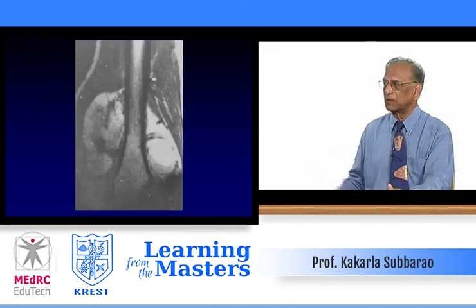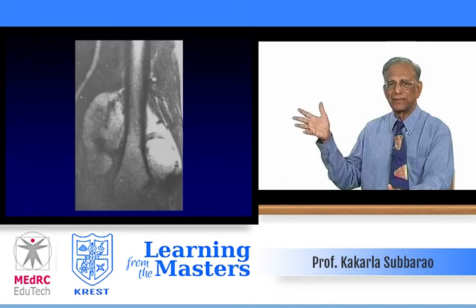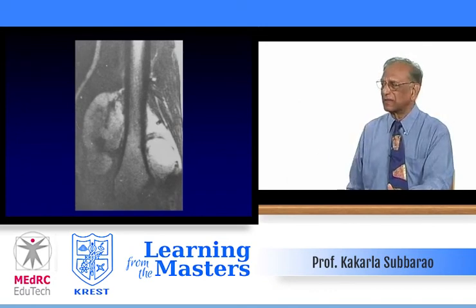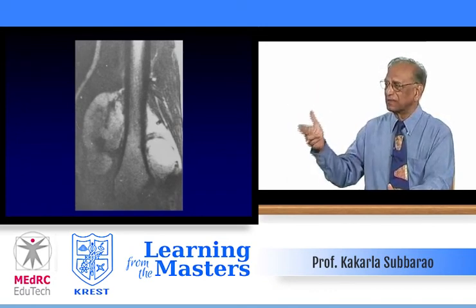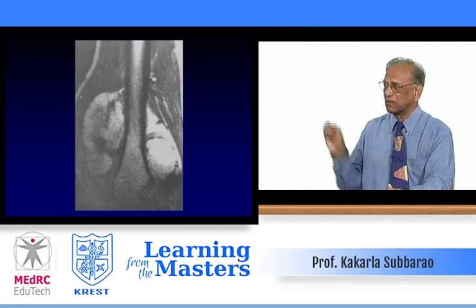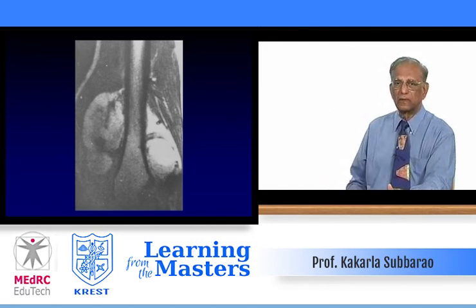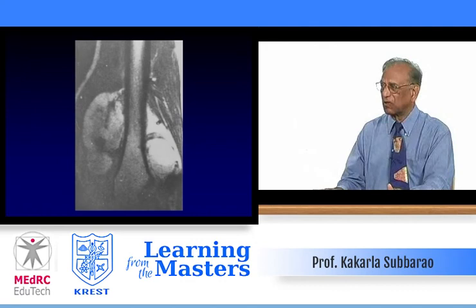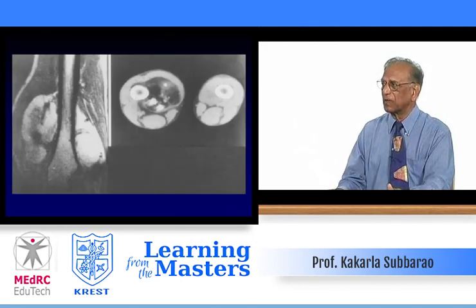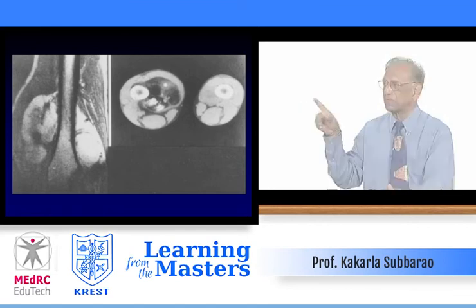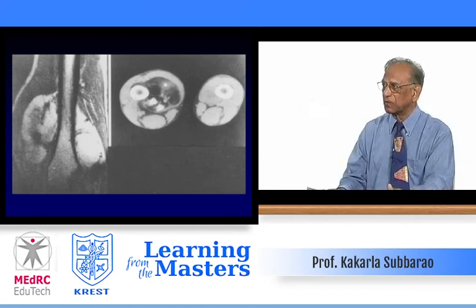Again, MRI, same thing, fat with high signal intensity, and then you could see a mass with multiple low intensity signals. Again, same case, showing the lipomatous tissue. On CT, you could see better, probably, in cross sections.